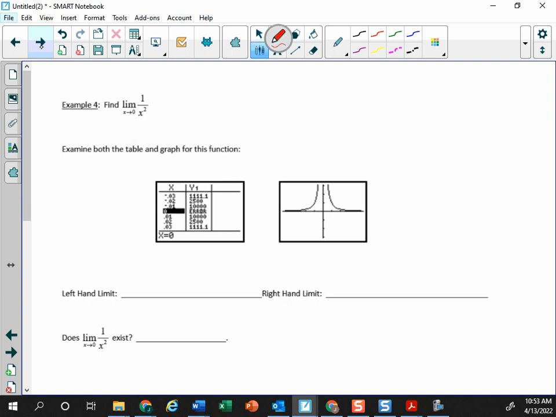All right, you guys try this one. So this time we've got the function 1 over x squared. There's what the graph looks like. Tell me the left-hand, right-hand, and then let's just say, not does it exist, but just evaluate the overall limit there at the bottom, okay?